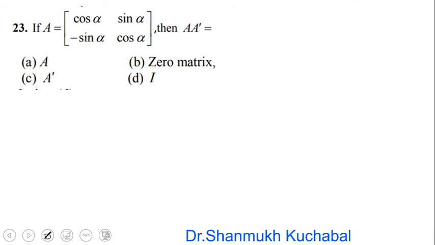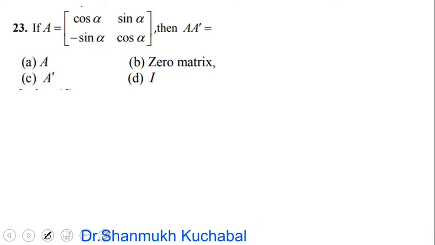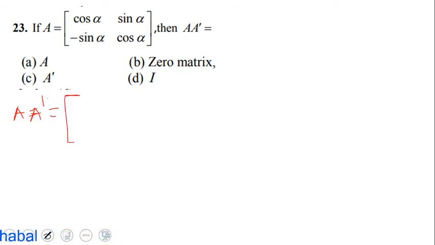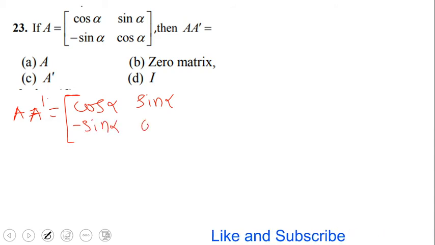The question is, A is a matrix, and we have to calculate A into transpose of A. So A into A dash, I write it directly here, to minimize the steps. A is cos alpha, sin alpha, minus sin alpha, cos alpha.